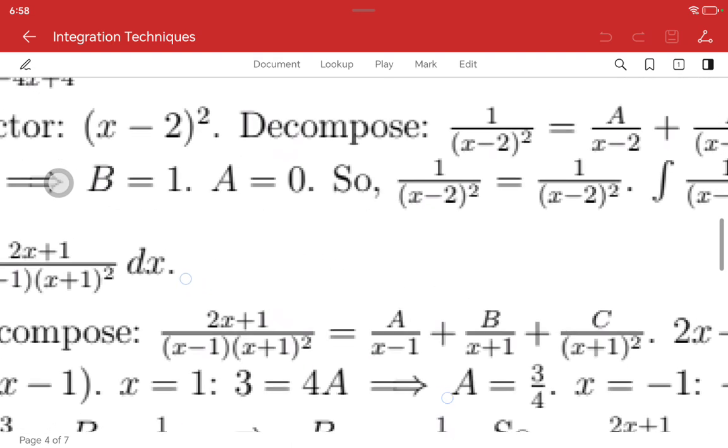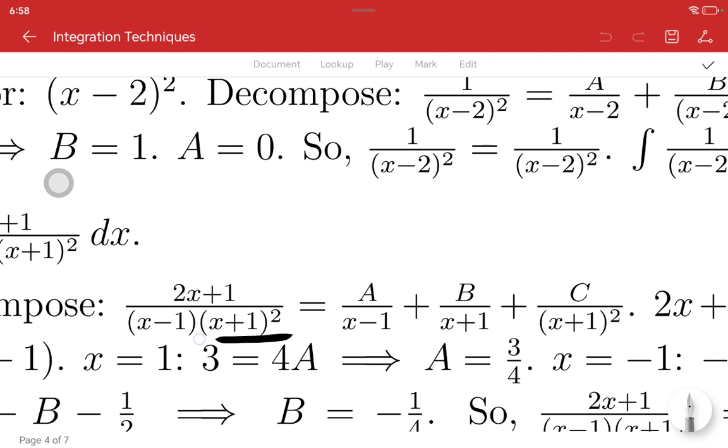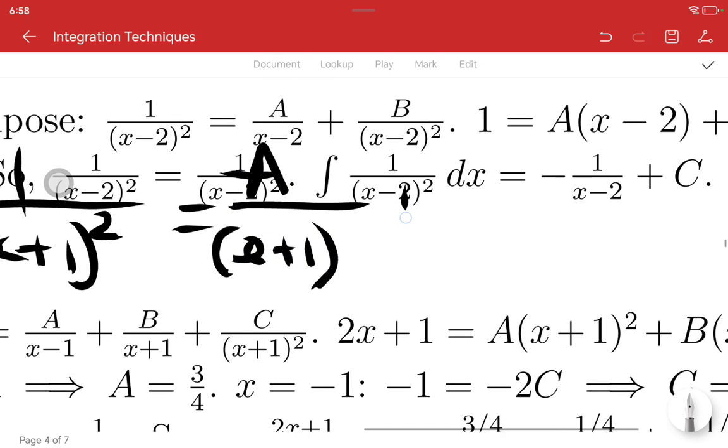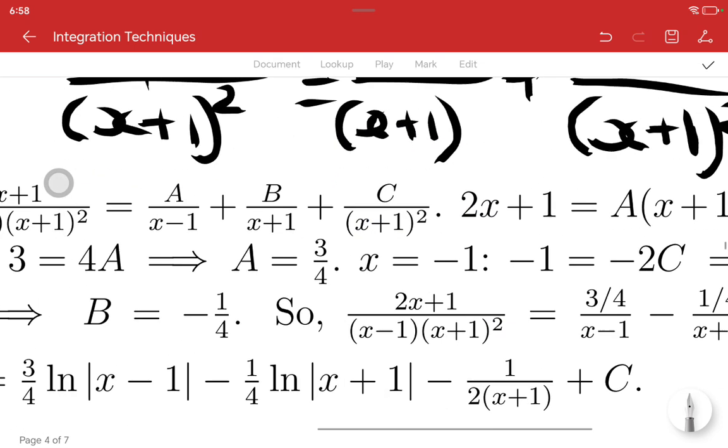When we decompose, I've already shown you how to decompose this one. Let me just use a pen. I've shown you that when you decompose (x plus 1) squared, you decompose it from 1 up until the power you have, so it ends at 2, which is this part.